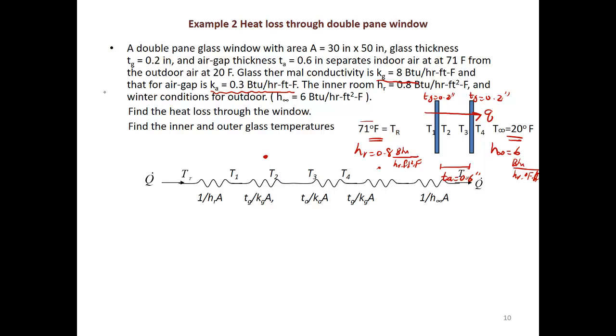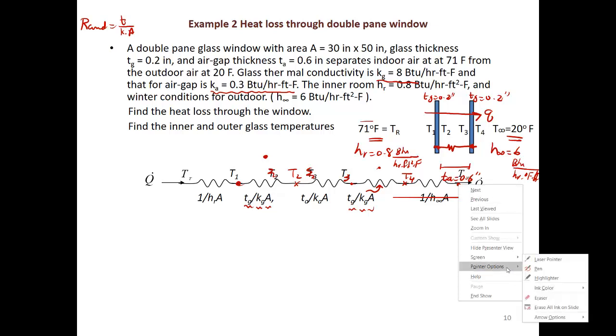So the thermal resistance, remember, for conduction is the thickness over thermal conductivity times A. So it's going to be T glass over K glass times A. You start right here, T1. So you have the first one, glass, air, glass. You have T1, T4. Okay, everything is shifted. This is T2, T3, T4, and T infinity. Let's clean it.